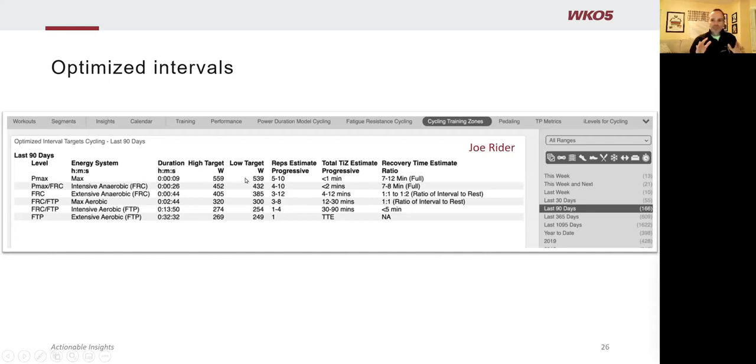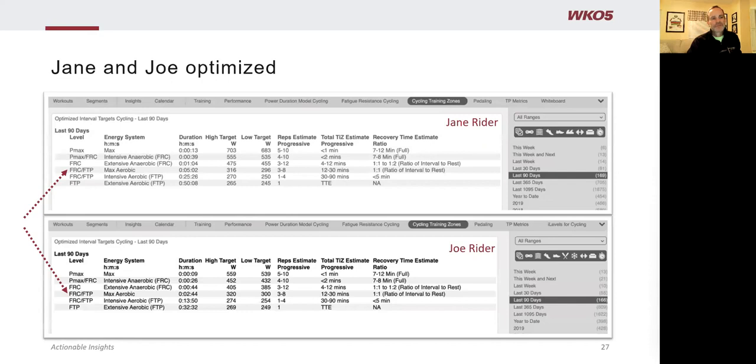Now, if we look at the prescription, and then I'm going to answer some good questions I've got built up. If we look at the prescription of optimized intervals in these ranges between Jane and Joe, same person, remember, they started out training exactly the same, right? And you can see them individualized in levels. And now, wow, what happens when we go to optimize? If we wanted to build their max aerobic, let's just pick that, right?